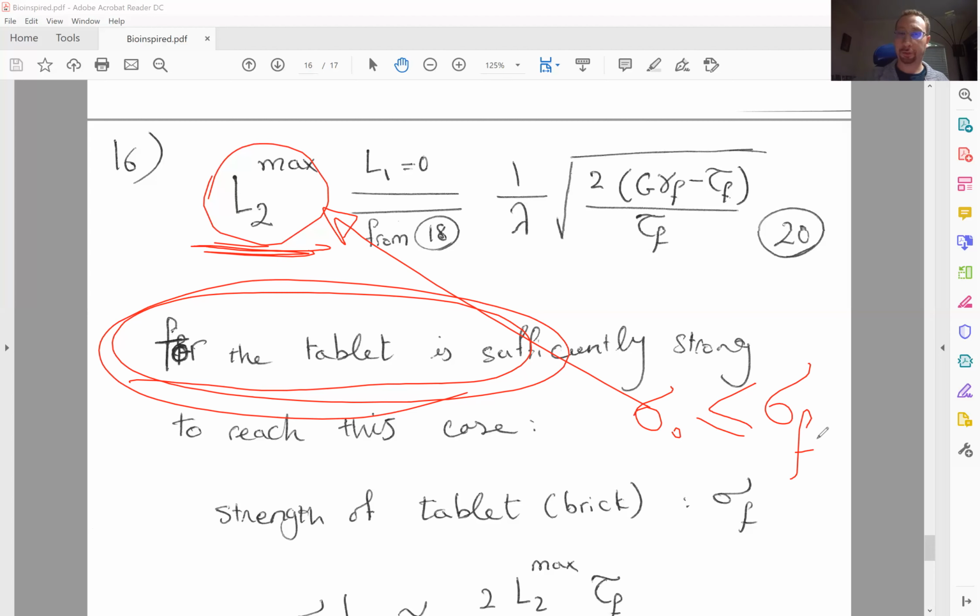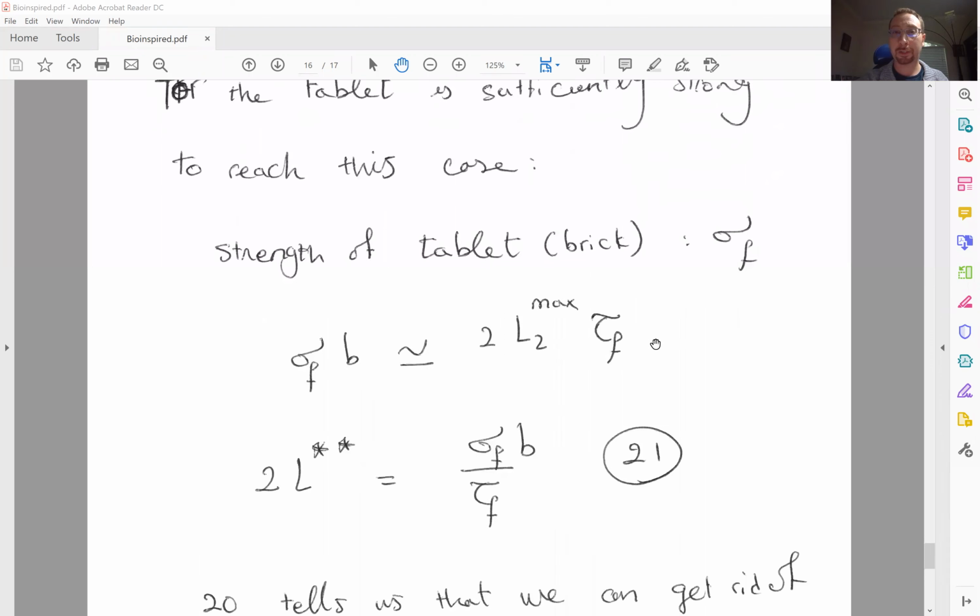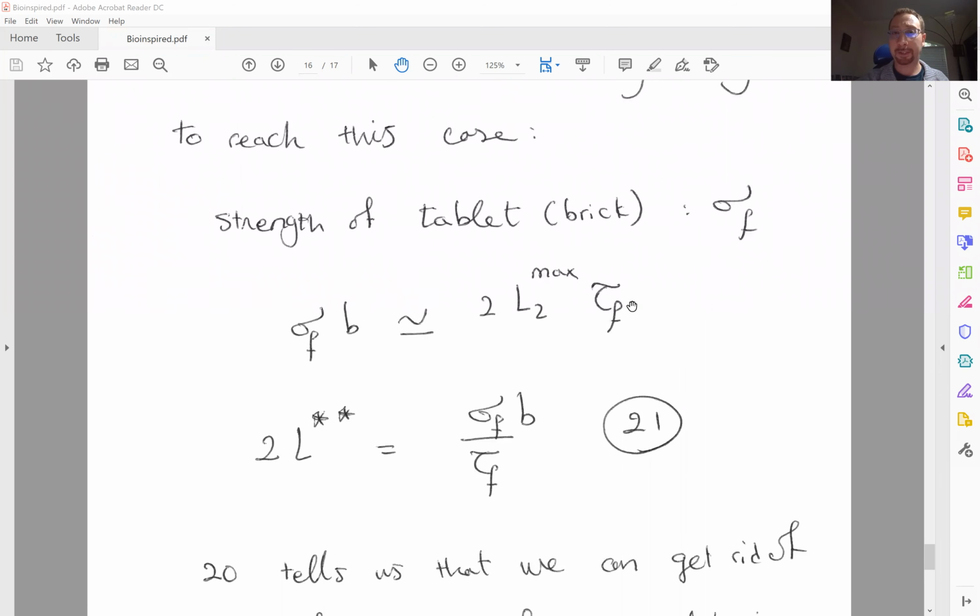So sigma f is the strength of the bricks. And keep in mind, we have two of L2, one on each side. So then the equation becomes sigma f times p is the force carried by the brick at the far right end, assuming that when the brick is about to fail, the whole mortar has deformed plastically.